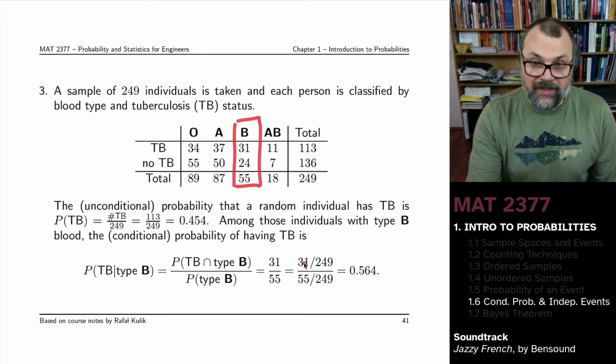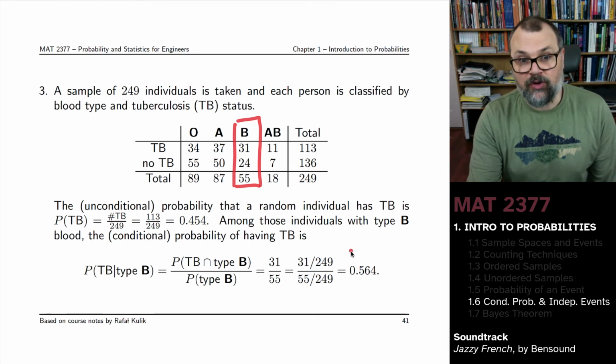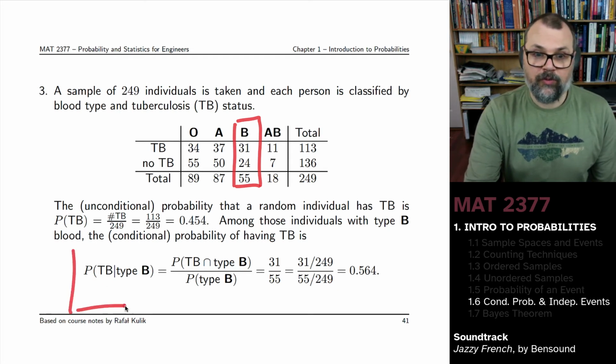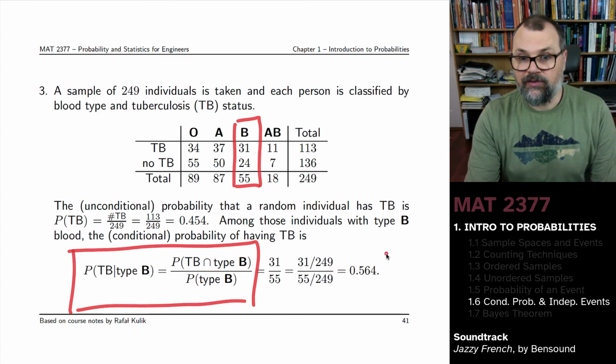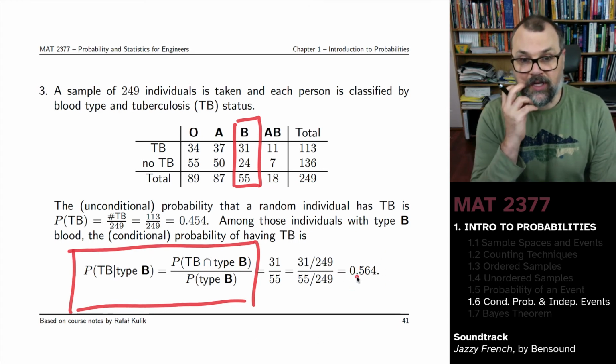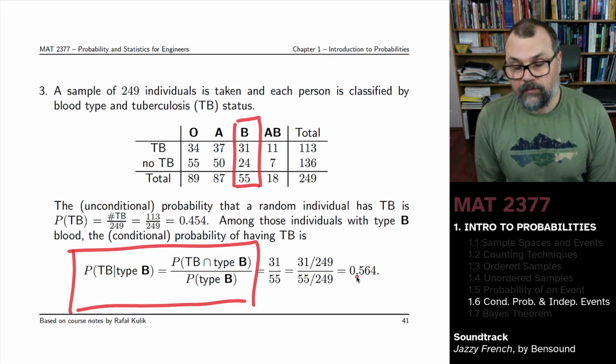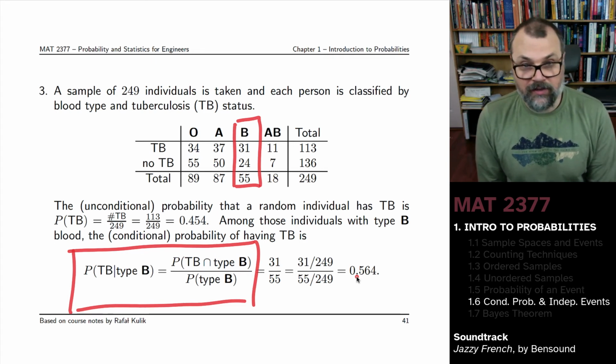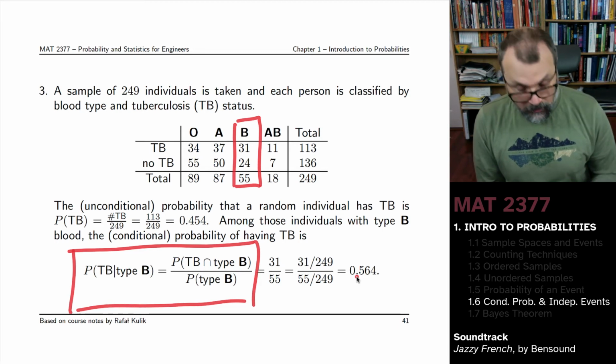Or if you want, this is really 31 divided by 249 divided by 55 divided by 249. And here we're using the formula for conditional probabilities. So there's a 56% chance here of having tuberculosis if you are of blood type B.